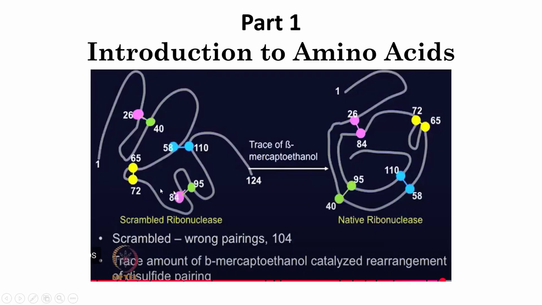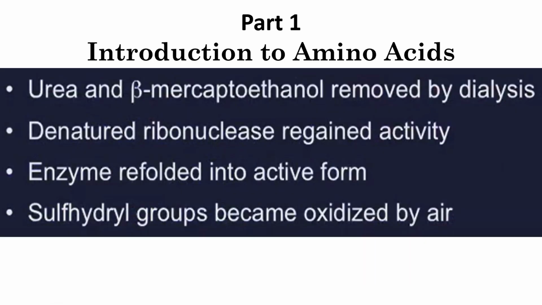The scrambled one is not exactly formed, because cysteine 95 needs to be bonded with 40, and these two are not bonded together properly. A scrambled protein has wrong pairing, and due to the presence of trace amounts of beta mercaptoethanol, the bonds are rearranged and the correct pairing can happen. So denaturation and renaturation can take place with the help of these chemicals.